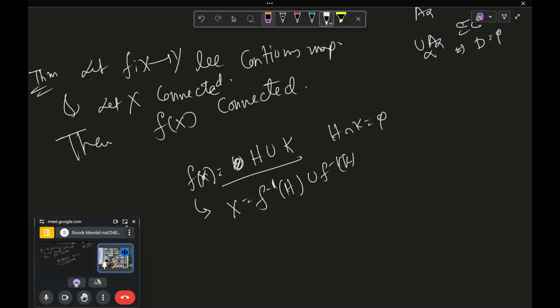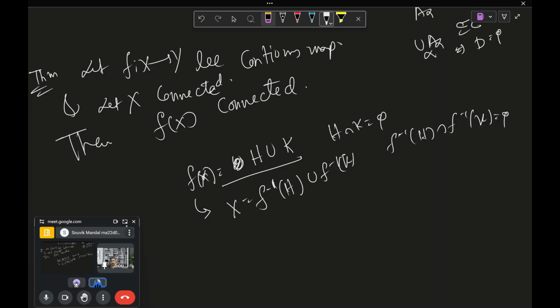So f inverse of the whole intersection, h intersect k, that's equal to the inverse image of each of them, f inverse of each of the two individual sets.